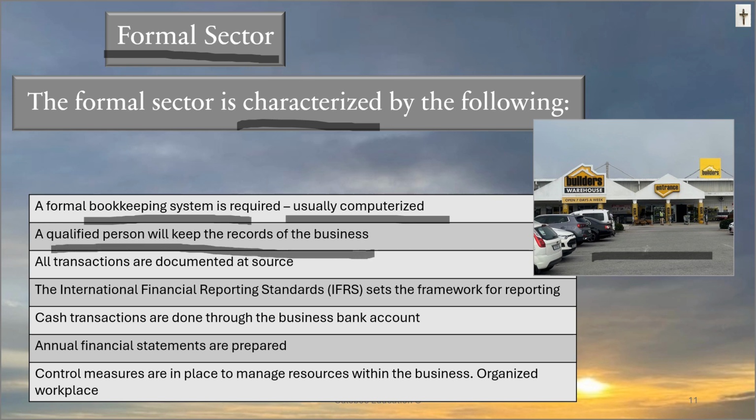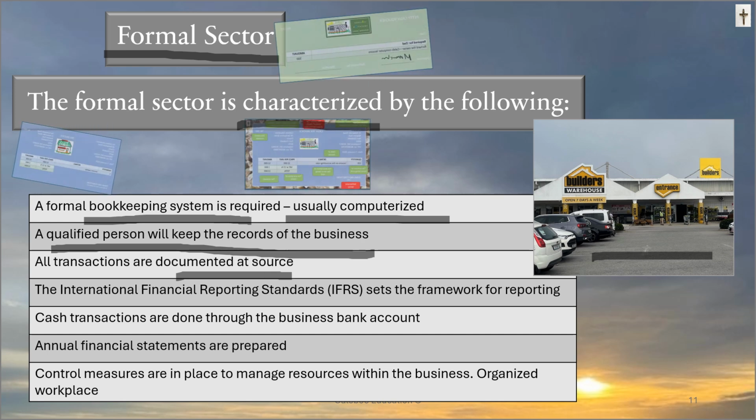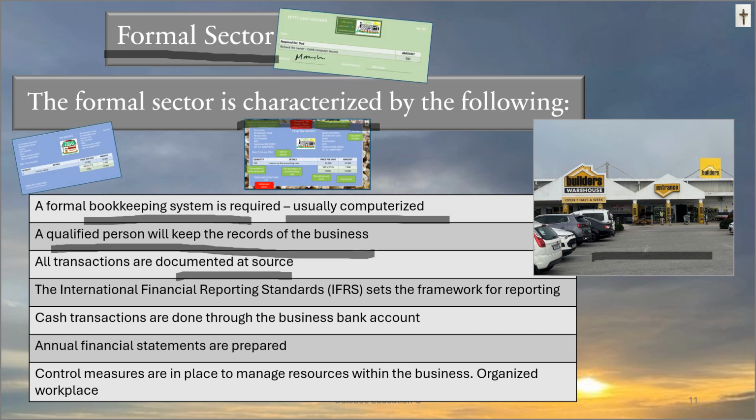You will need a qualified person to keep the records of the business, so an accountant. Transactions will need to be recorded on source documents. There's an invoice, and I think that's a check or petty cash voucher, but all the transactions will need to be documented when they take place by a source document.